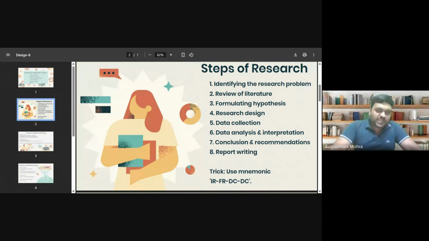Unstructured is used for the exploratory research. Participant observation, non-participant observation are very simple ones. In the case of structured and unstructured also, I think it is very clear to everyone.